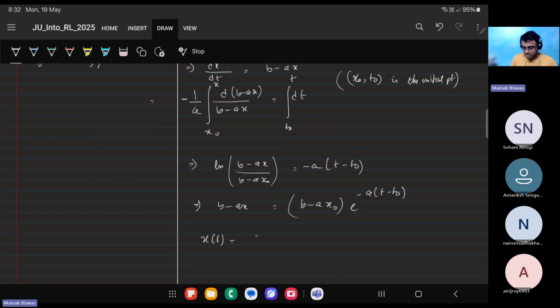So x_t is equal to B by A plus (x naught minus B by A) e to the power minus A(t minus t naught). Is this correct? Everyone agrees? This is the solution to the differential equation.